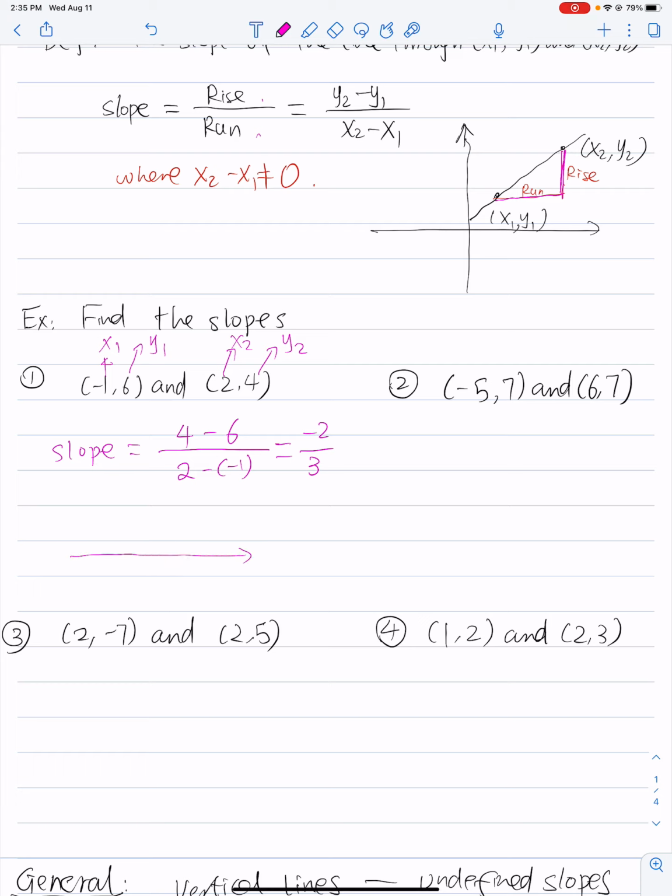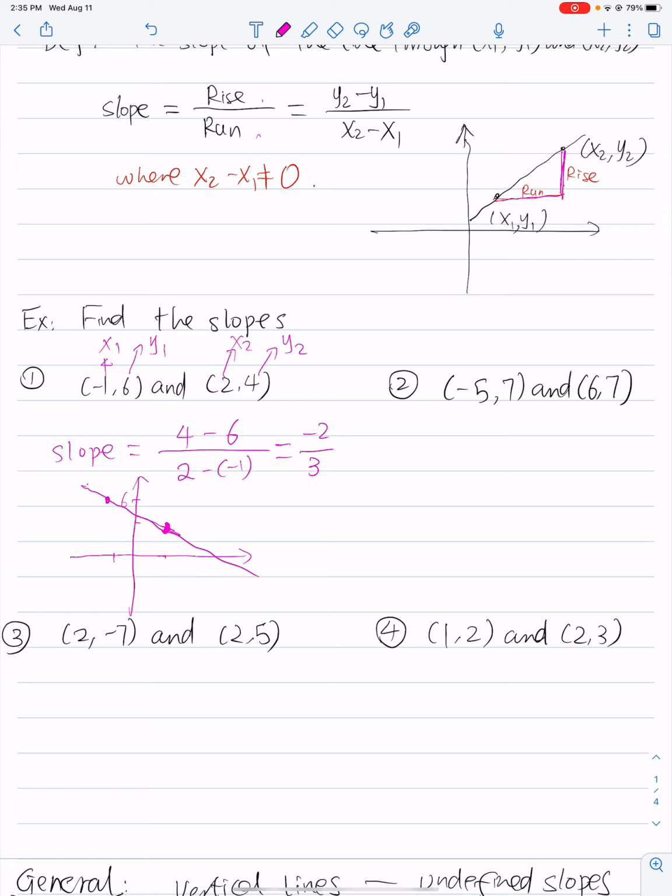If you want to graph this picture, what will you do? Negative 1, 6, so you can find a point here. You have a 2, you have a 4, so you have another point. So when you connect these two dots, what do you have? Oh, sorry, forget about my picture.